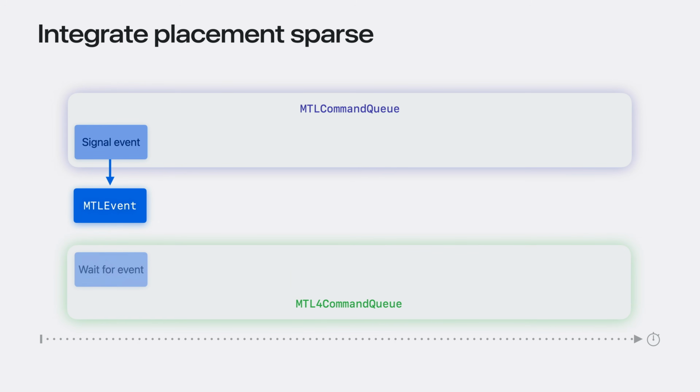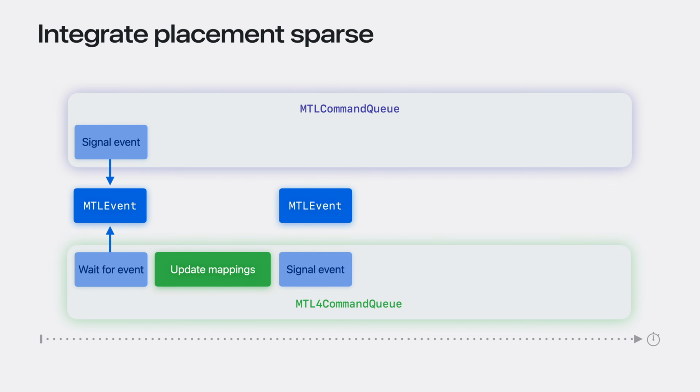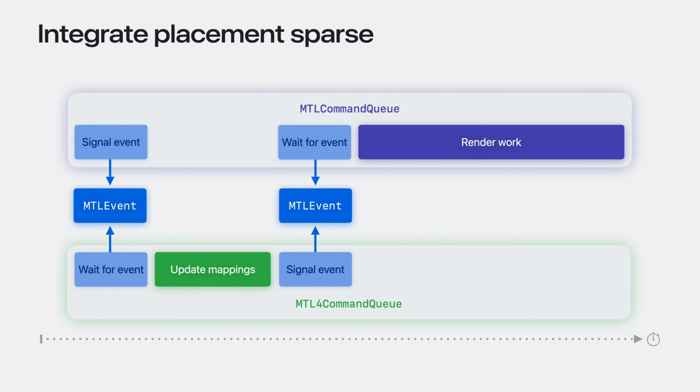The first signal event call unblocks the Metal4 command queue to update placement-sparse resource mappings. A second signal event call notifies your app to continue the render work using the placement-sparse resources. You can even use the same Metal event from before.